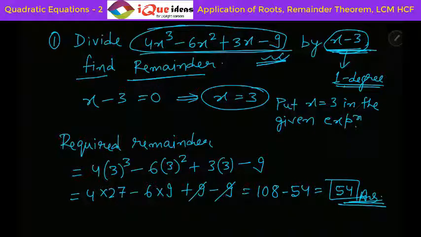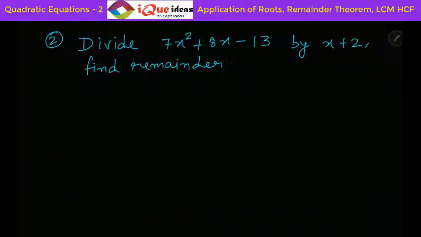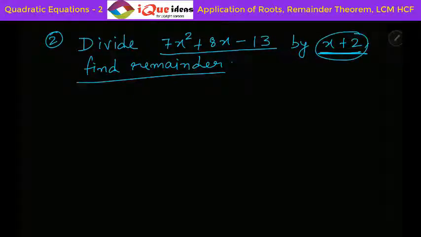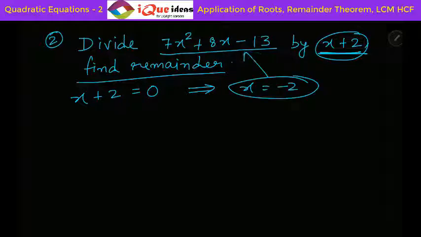A simple direct question of division and finding the remainder. Now let's take up this question. It says divide 7x squared plus 8x minus 13 by x plus 2, find the remainder. Our condition, the divisor has to be 1 degree. x plus 2 is 1 degree. Simply equate x plus 2, the divisor, to 0. From here we get x equal to minus 2. Put x equal to minus 2 in this expression.